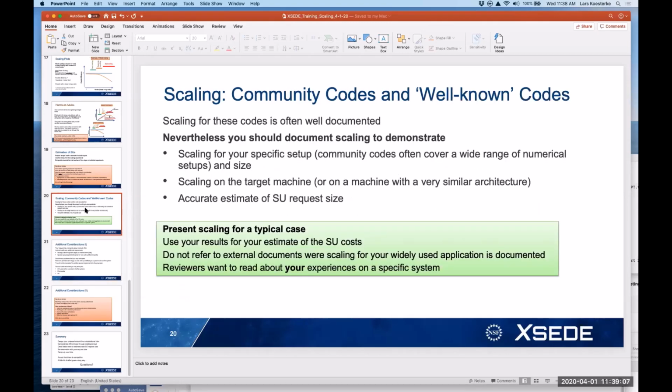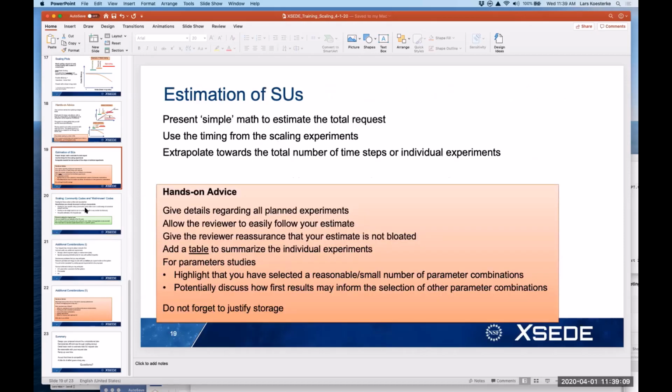Where did I have the table? Yes, so when I review proposals, I read the proposals backwards. I'm not reading the science first and then the scientific question. I'm reading the summary of the request first, and I'm always happy if that is a table.